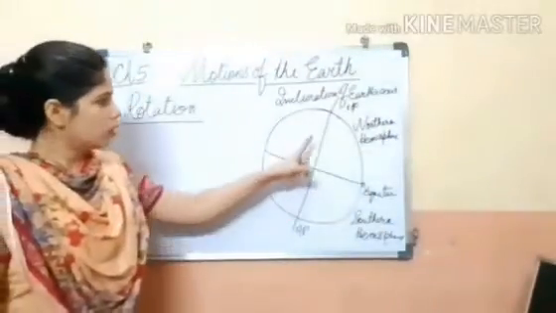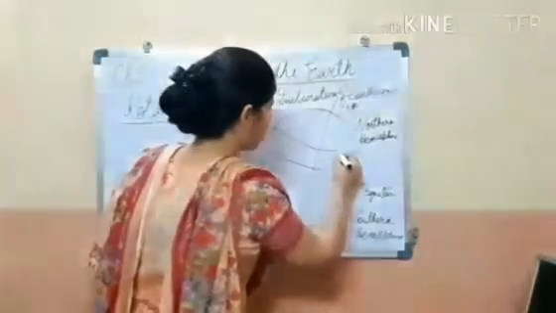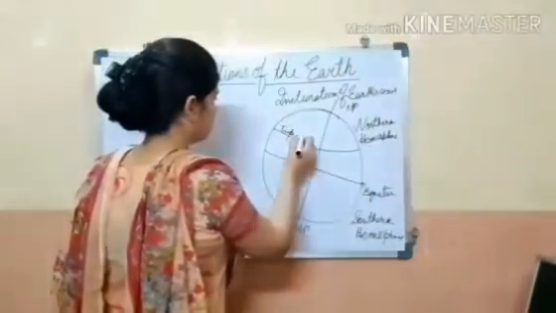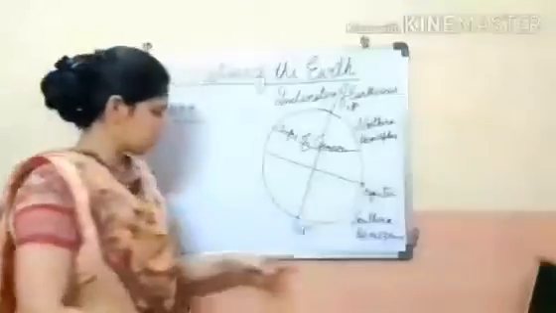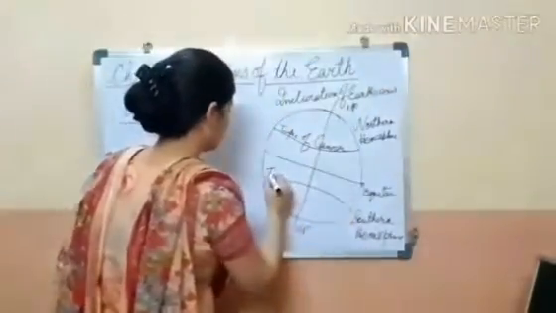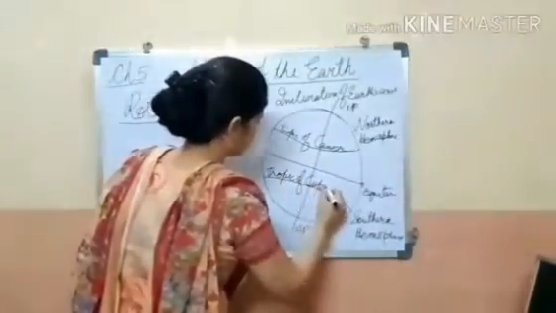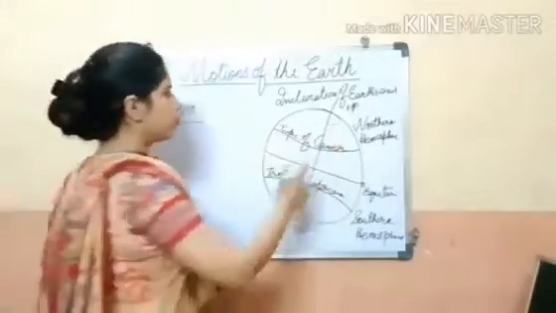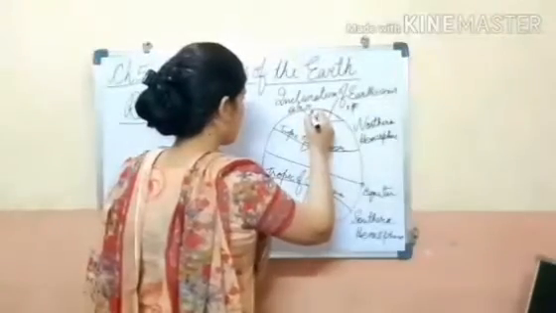As you can see, in the northern part, one more imaginary line passes, that is called Tropic of Cancer, not Capricorn. And in the southern part, one more imaginary line runs, that is called Tropic of Capricorn. To the extreme north, there is one more imaginary line at 66.5 degree north, that is called Arctic Circle.